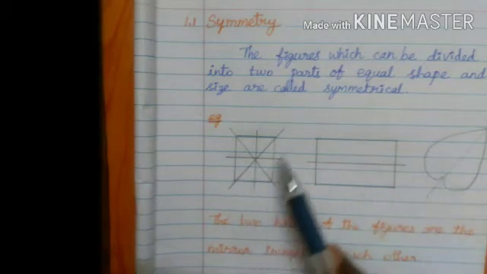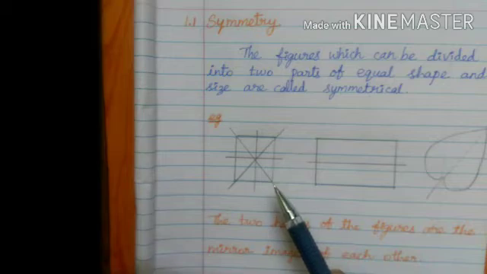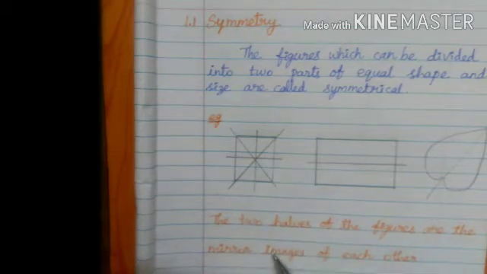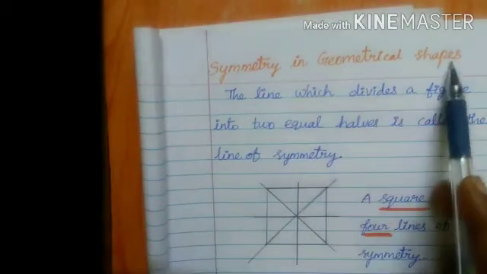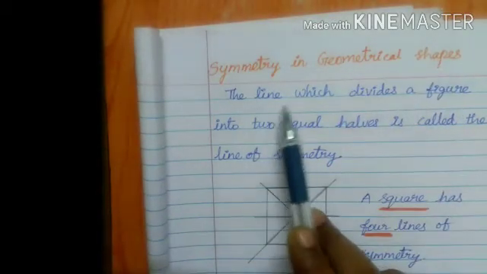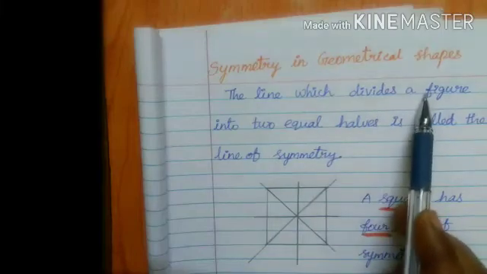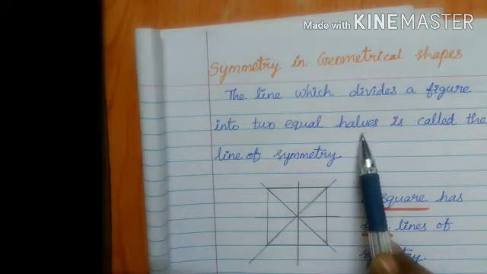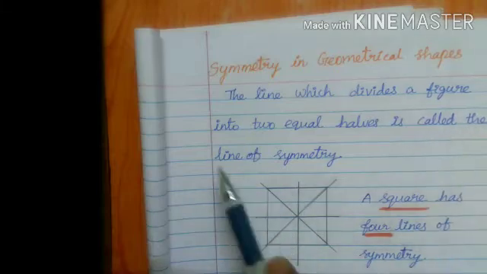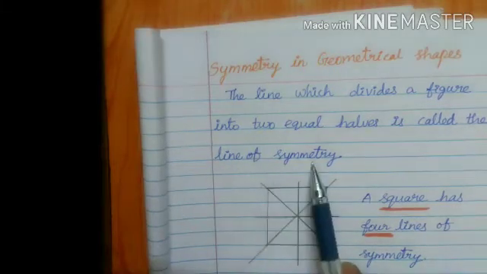You draw the line and cut, and you get the shapes as a mirror image. That is what we call a mirror image. Symmetry in geometrical shapes: the line which divides a figure into two equal halves is called the line of symmetry.